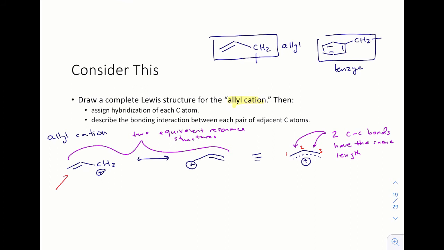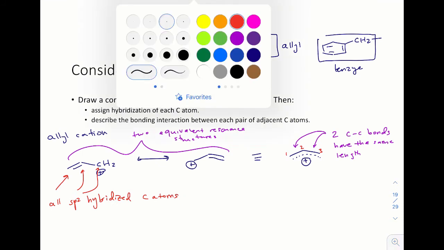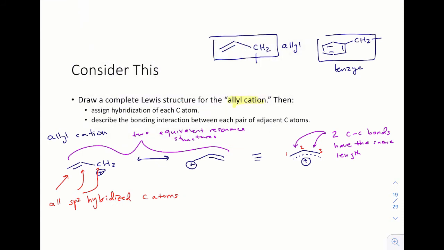To accommodate that fact, these 3 carbon atoms are all sp2 hybridized. It doesn't matter to which resonance structure we refer. An atom has a single geometry and a single hybridization.